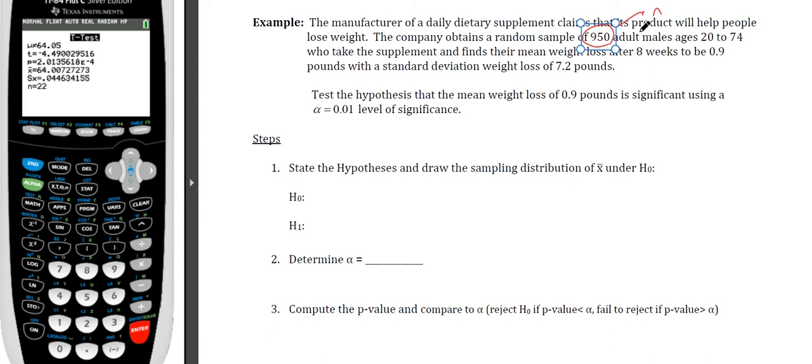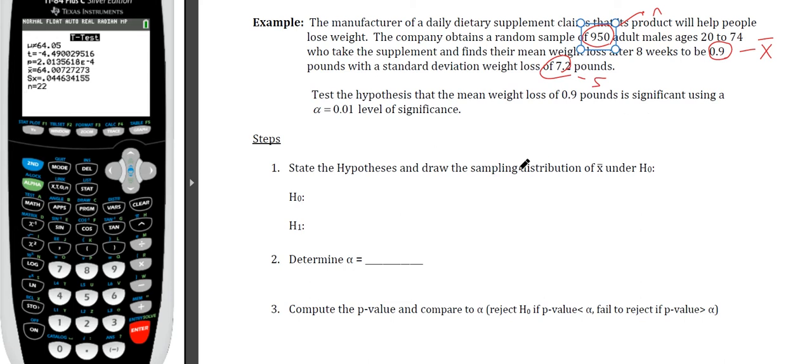Aged 20 to 74 who take the supplement and finds their mean weight loss after 8 weeks to be 0.9 pounds. So that is X bar. So we have the stats here with a standard deviation of S. Test the hypothesis that the mean weight loss of 0.9 pounds is significant using 0.01 level of significance.